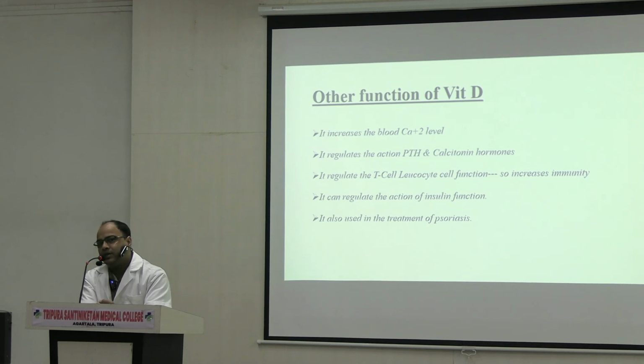Because vitamin D deficiency is very common, almost all people have it. Everyone should take a vitamin D supplement at least once a week. Soft gel capsules with 60,000 strength are available in the market.